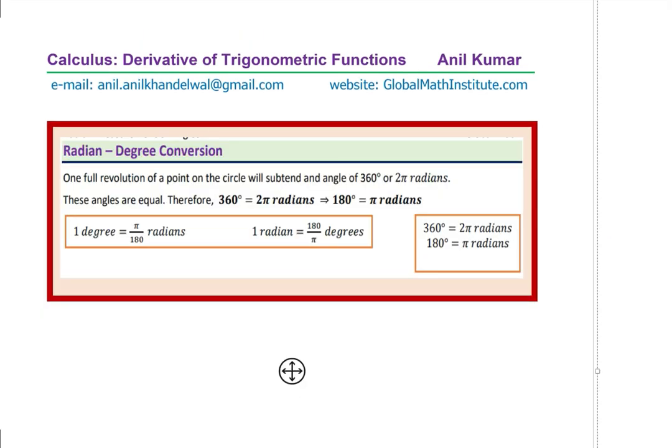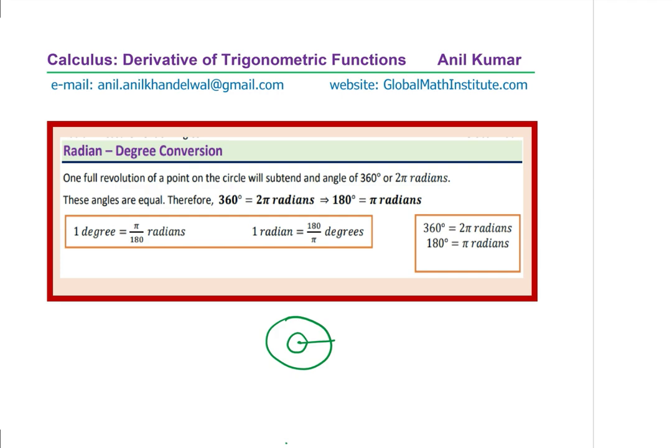Now, as I was saying, it is very important to remember that the units are radians, and as you know, 1 degree is pi by 180 radians and 1 radian is 180 by pi degrees. The whole idea revolves around this circle. As you know, the total angle is 360 degrees, correct? Let me rewrite this.